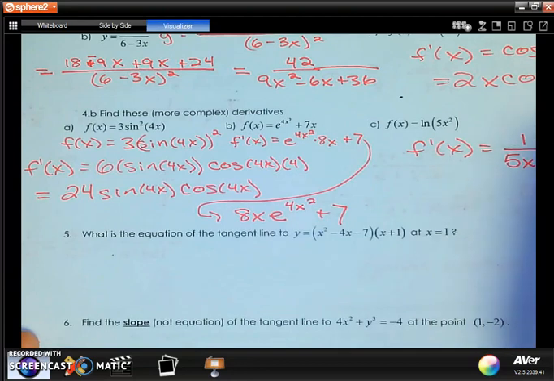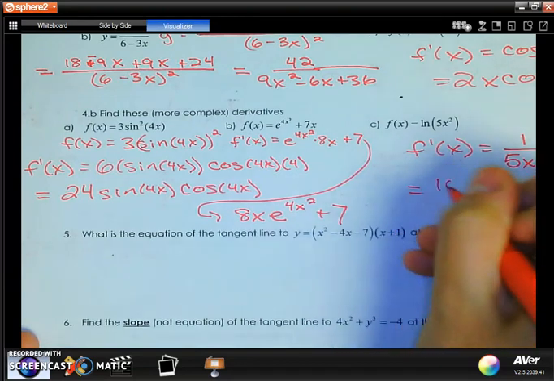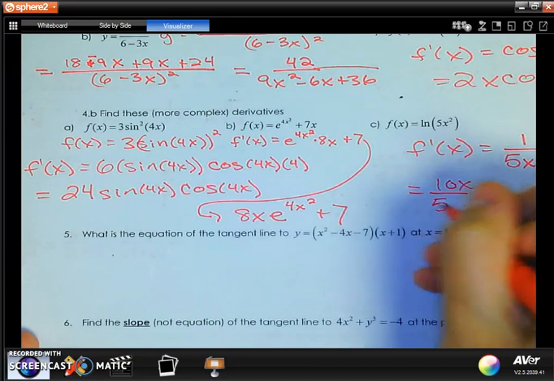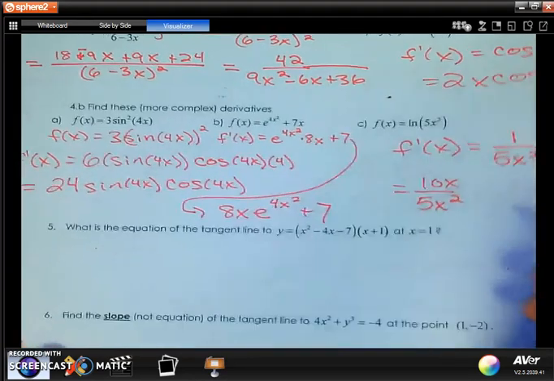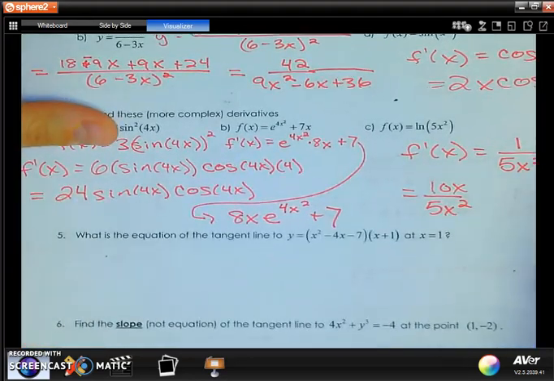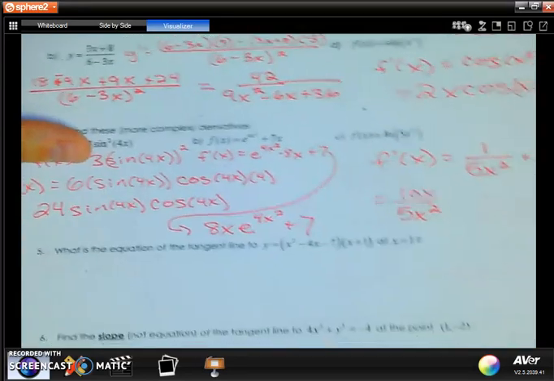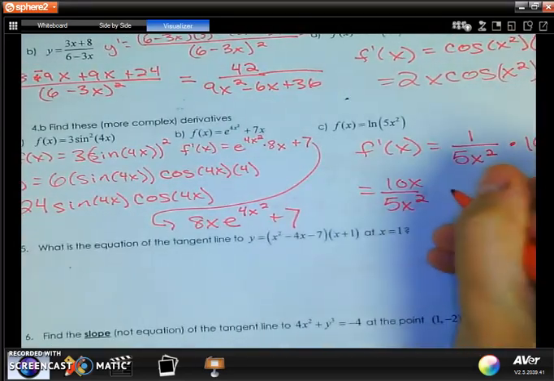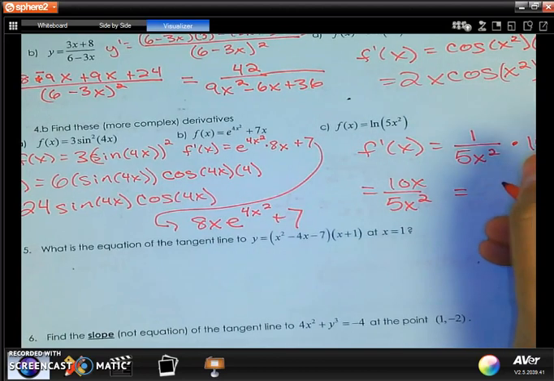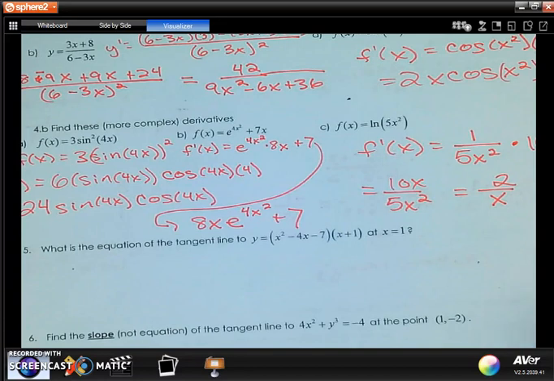So the derivative there is a 10x. Now you can rewrite it like this. And then you can reduce it if you want to risk it. But remember, if you simplify incorrectly, you will lose points.